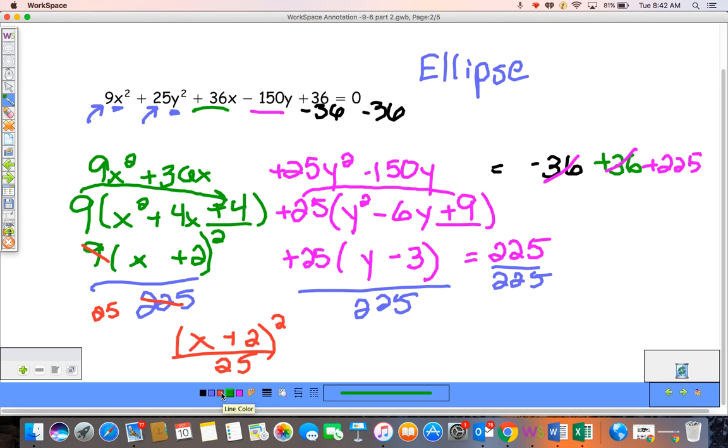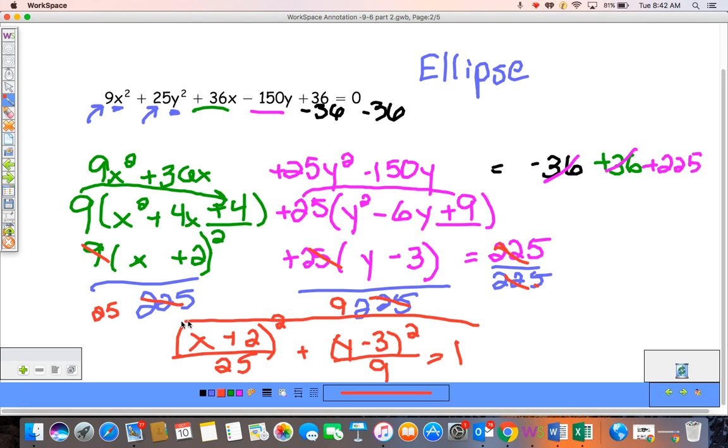Then 25 goes into 225, I think 9 times, pretty conveniently. So it's going to be plus y minus 3 quantity squared over 9. Then 225 over 225 we know is just 1 over 1, which is 1. So there's your standard form.